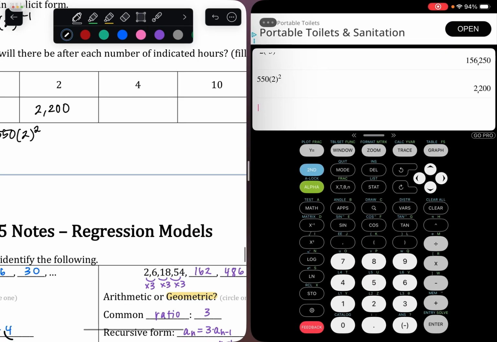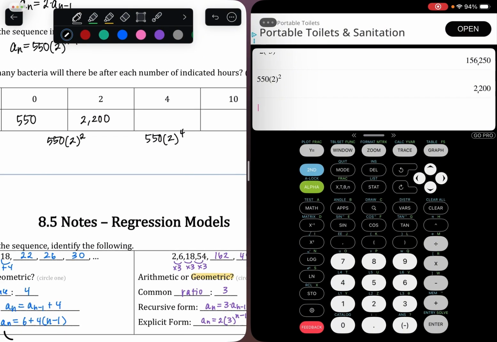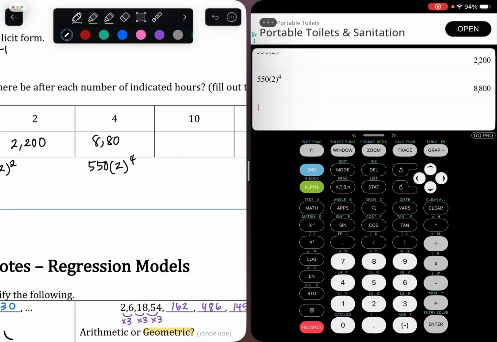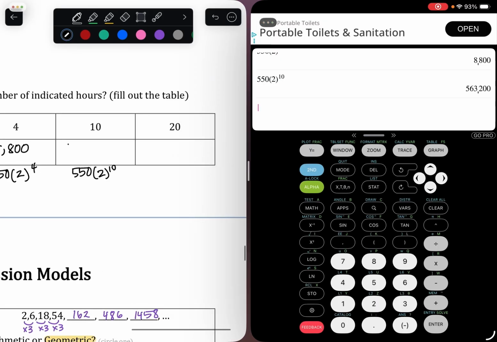Okay, and so here, after 4 hours, we have multiplied it by 2 4 times, to get 8,800. And to get to 10 hours, we would have 550 being multiplied by 2 10 times, which is 563,200.